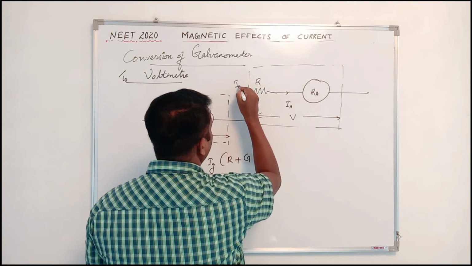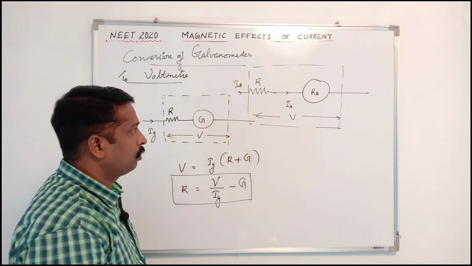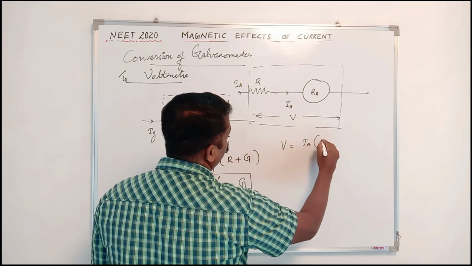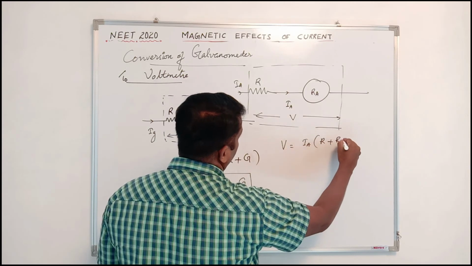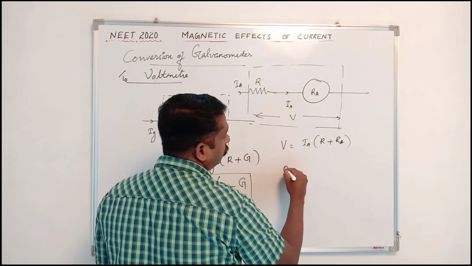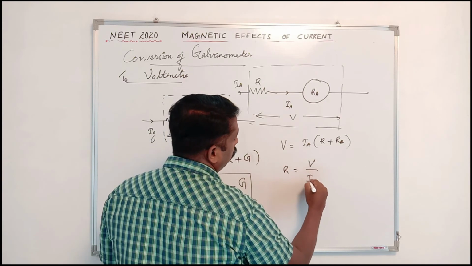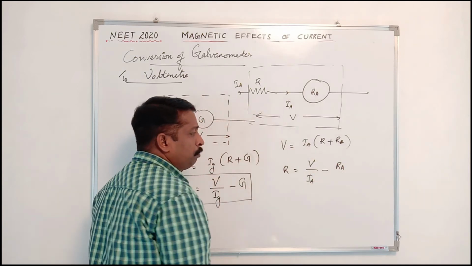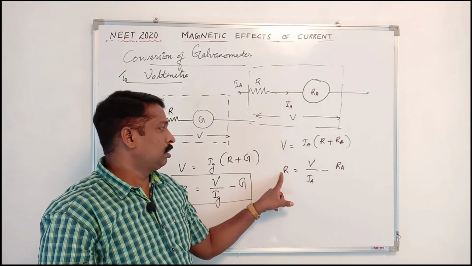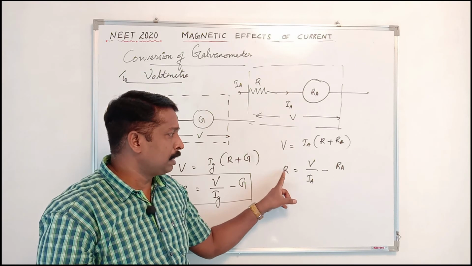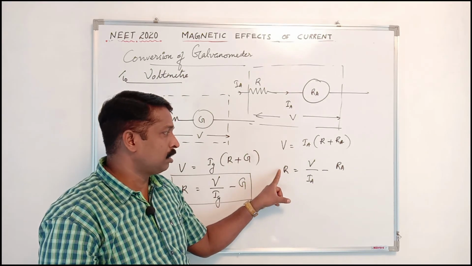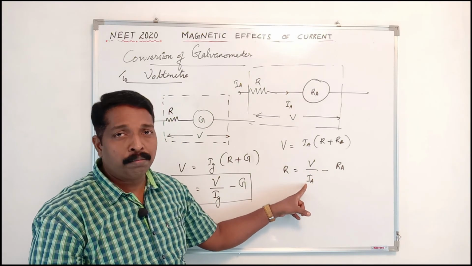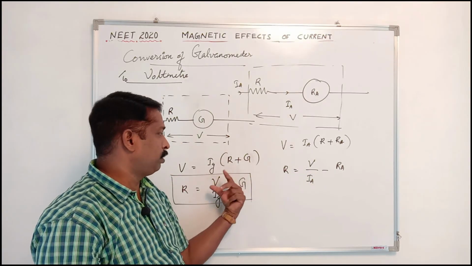The same current Ia flows through the circuit, so that V is equal to Ia into R plus Ra. So R is equal to V by Ia minus Ra. Here it is the ammeter resistance, and here it is the resistance required to convert the ammeter to a voltmeter. R is equal to V by Ia minus Ra, where Ia is the ammeter current. The same equation is obtained.